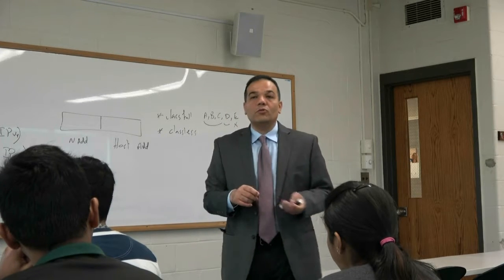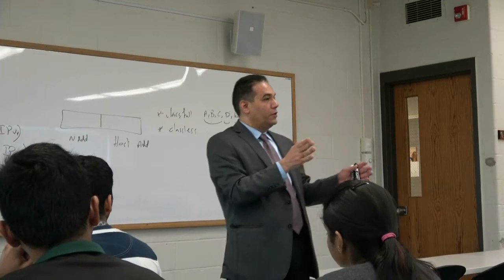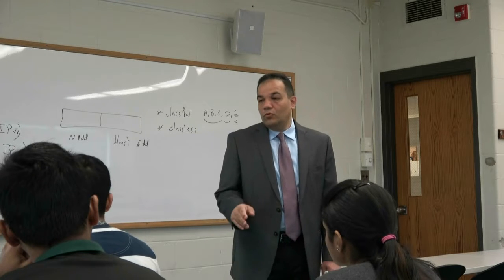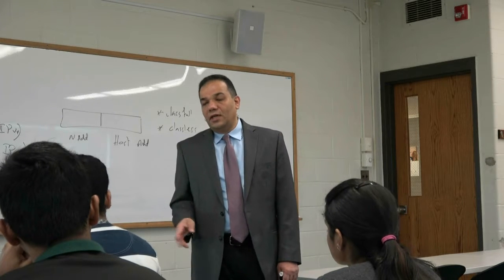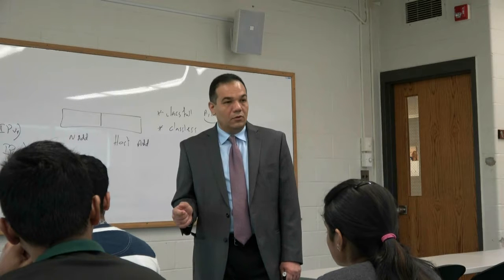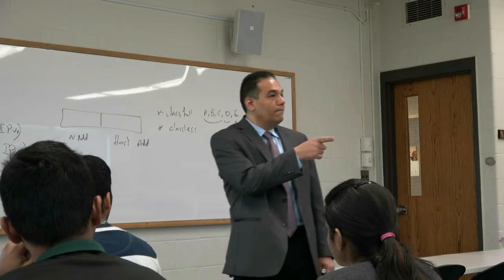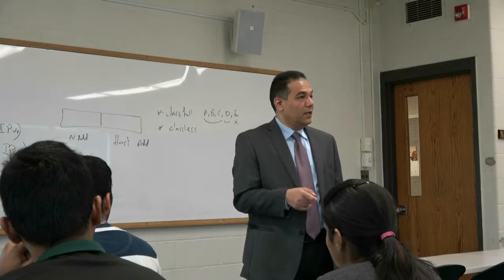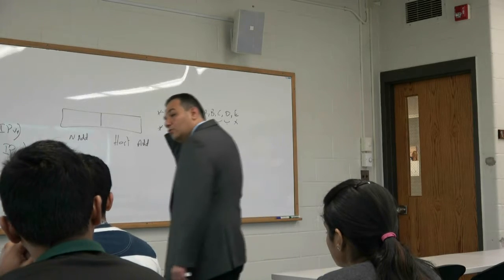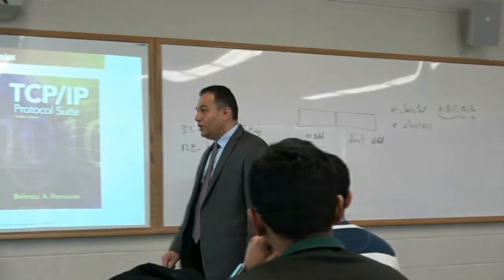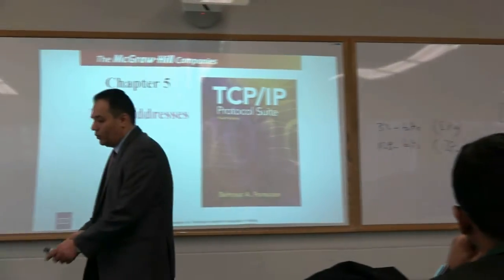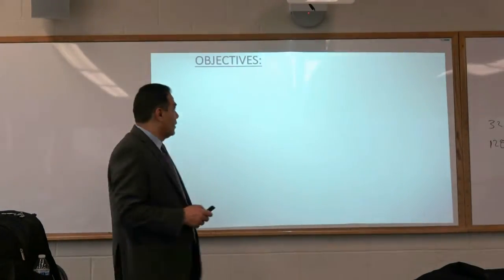And the best thing we said is to memorize the range for the first 8 bits: 0 to 127 is class A, 128 to 191 is class B, 192 to 223 I think is class C. That's what we were talking about last time, right?